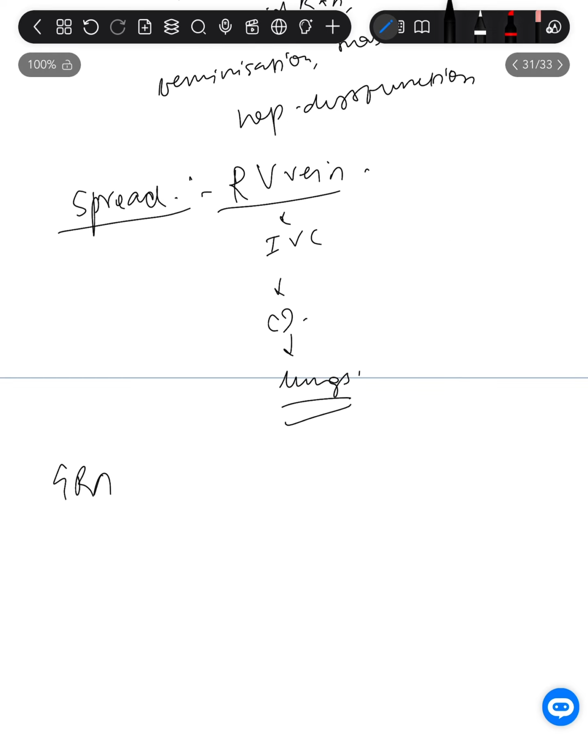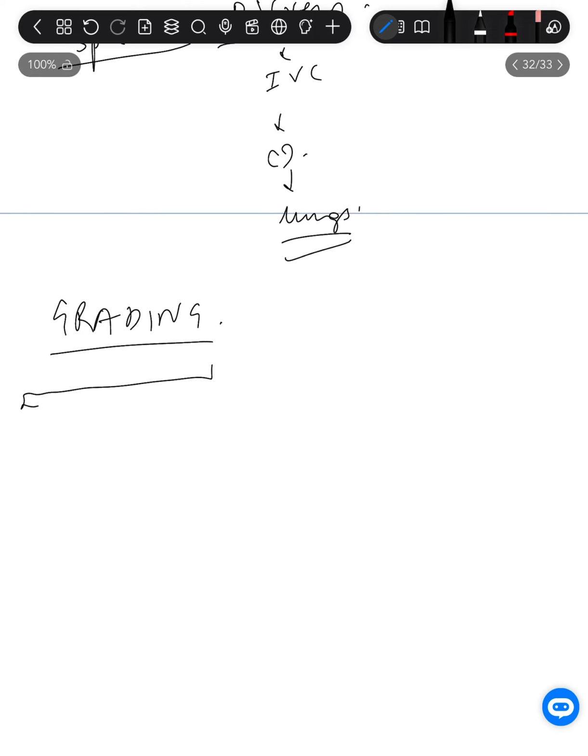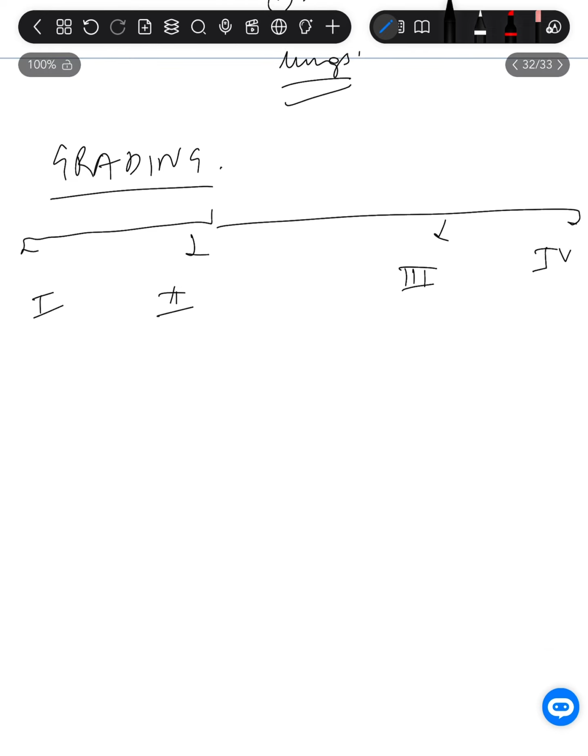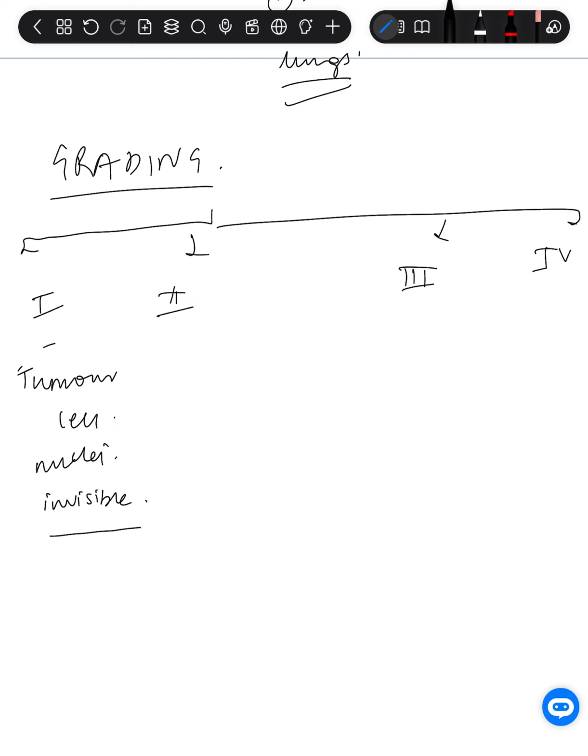Then we move on to the second last topic of renal cell carcinoma. How is the grading? The grading is in 4 parts: 1, 2, 3, 4. Grade 1 is where the tumor cell nuclei are invisible at 400x magnification.